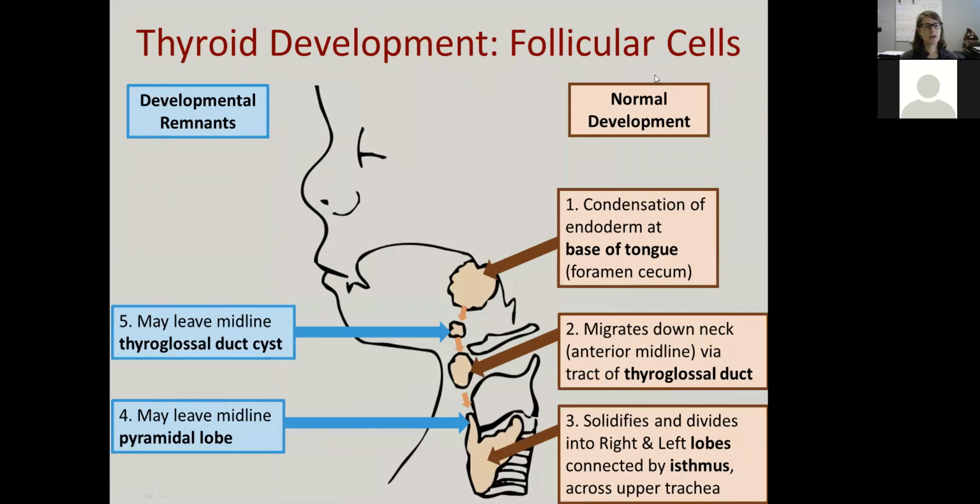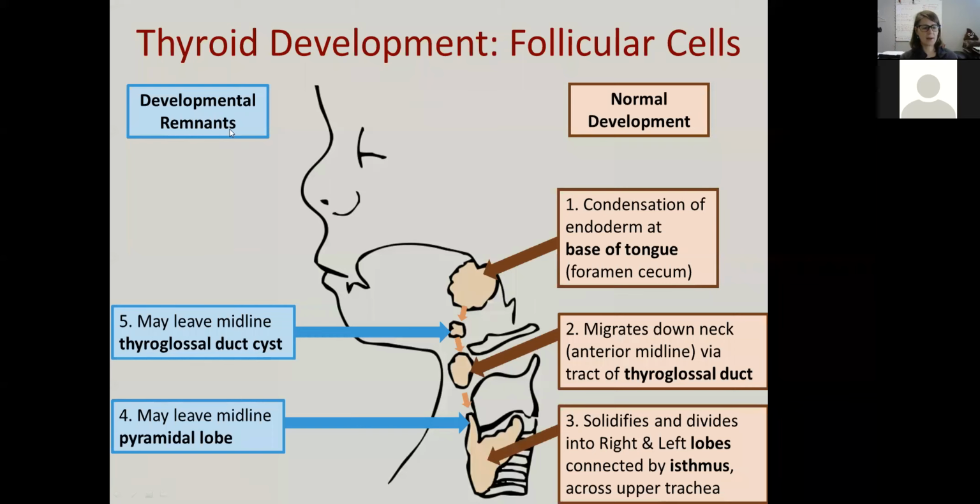Just to remind ourselves, the thyroid develops as a condensation of endoderm at the base of tongue, migrates down the anterior neck, and then solidifies into the right and left lobes. Remember, the C cells are migratory, developed from neural crest, and so they migrate into the thyroid in their final resting place from their origins as circulatory neural crest.